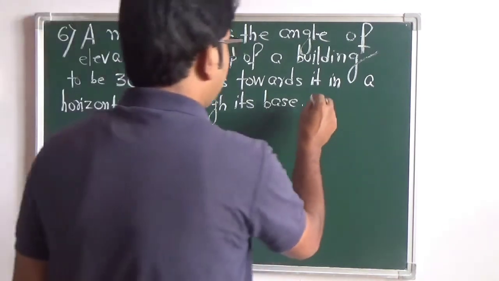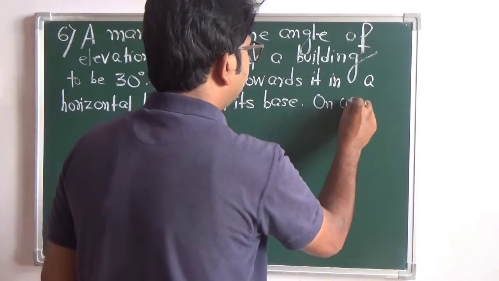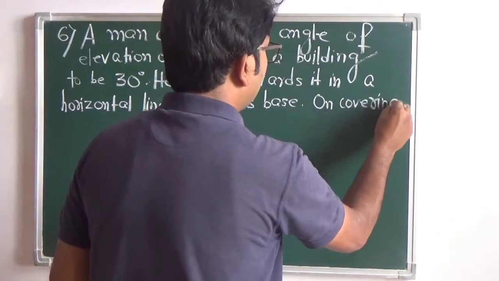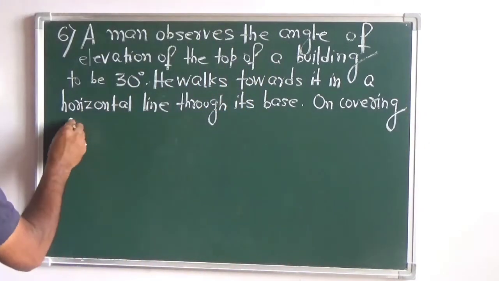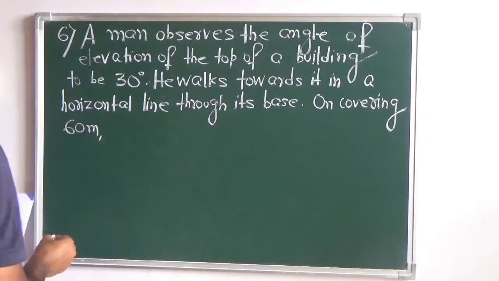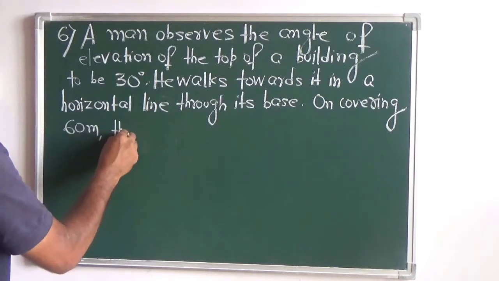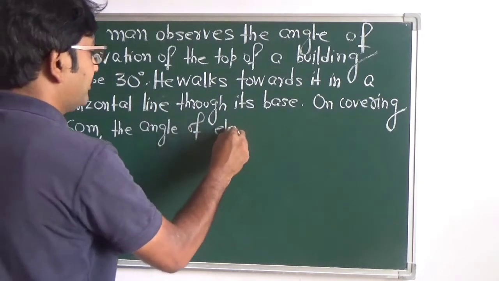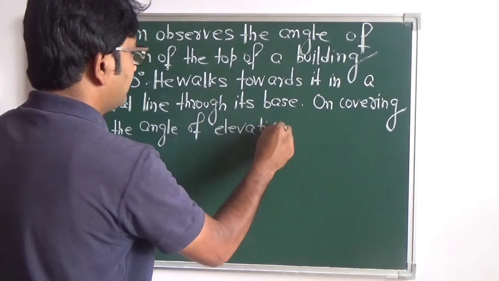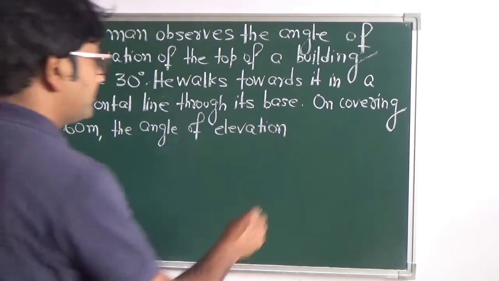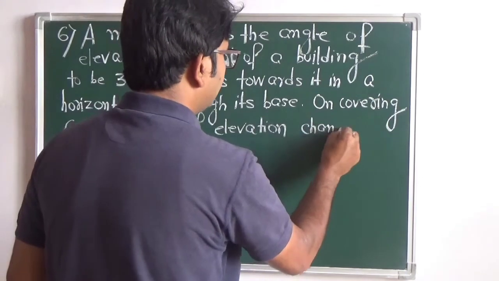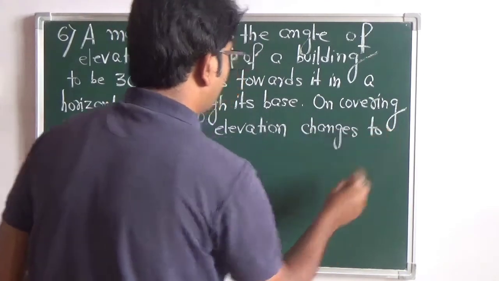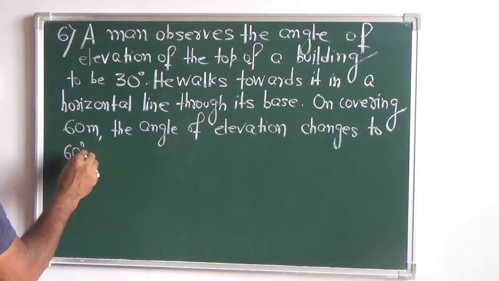On covering 60 meters, the angle of elevation changes to 60 degrees.